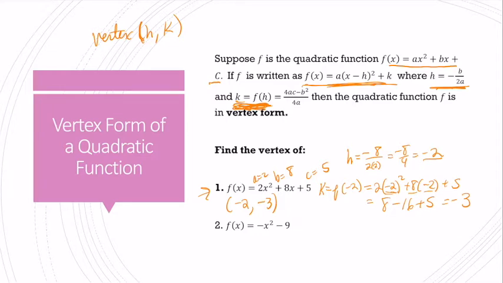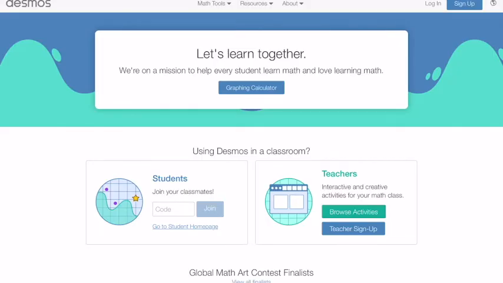But I don't want you to trust me for it, right? I want to make sure we can verify this, so why don't we go over to Desmos and see if we graph this function, we find the same vertex. So we go to Desmos.com. It's also an app you can put on your phone. Remember, you can't use it on an exam, but it's really helpful on your homework and to check your answers.